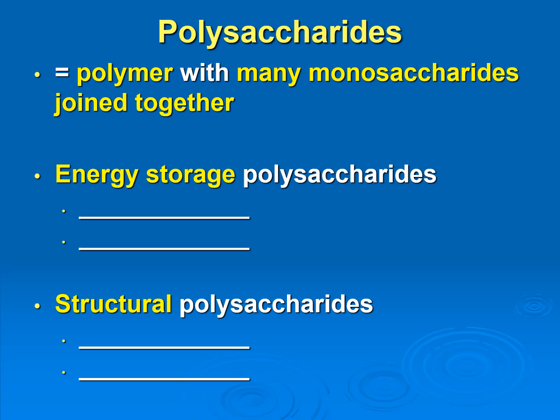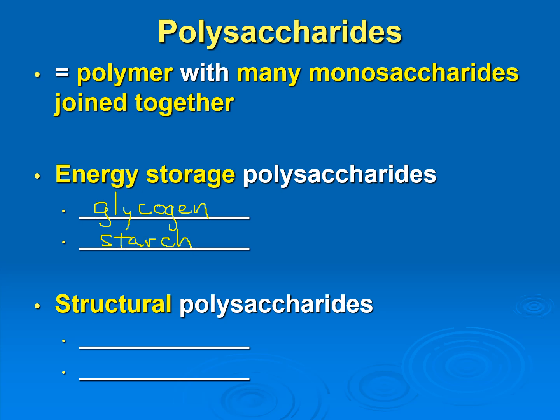Polysaccharides are the polymers of the carbohydrates, with many monosaccharides joined together. We have some energy storage polysaccharides, and the two are glycogen, which we find in our cells and other animal cells, and then the other one we find in plants, which is starch.